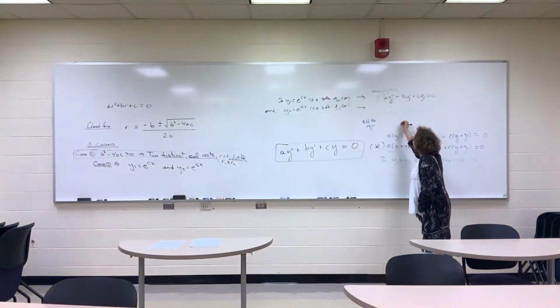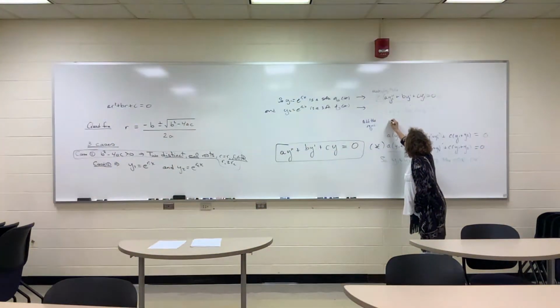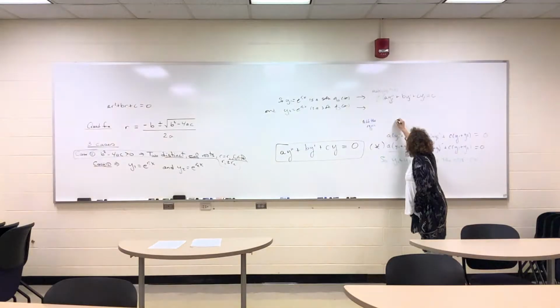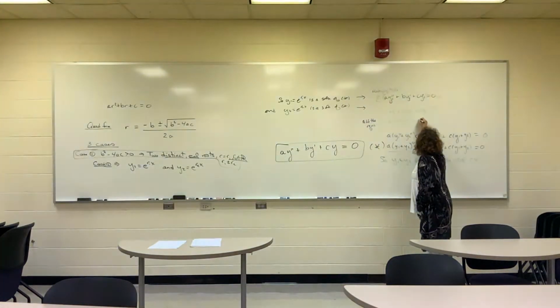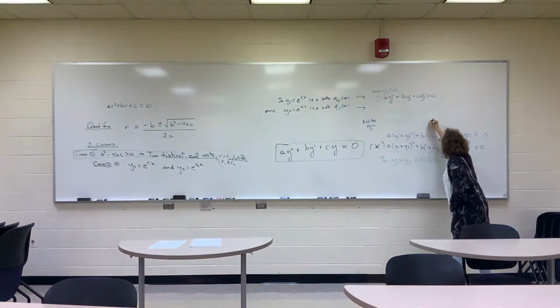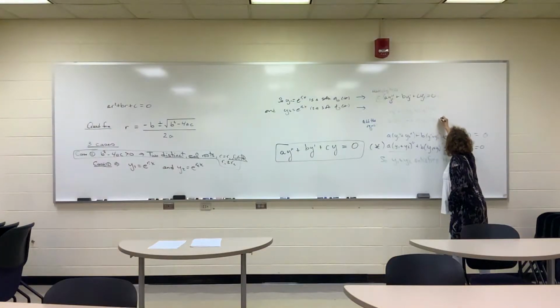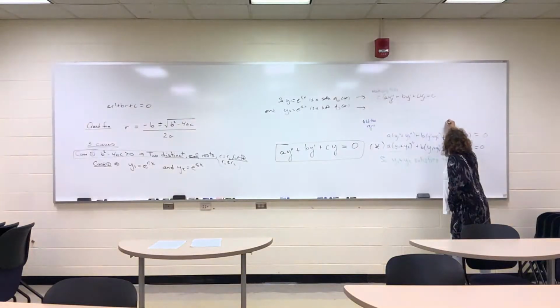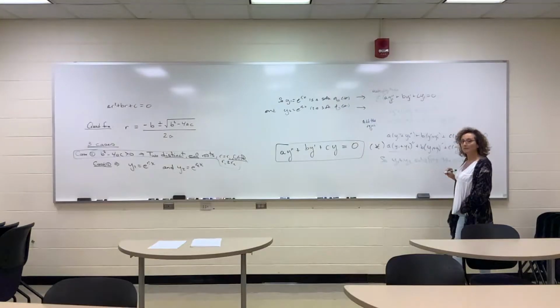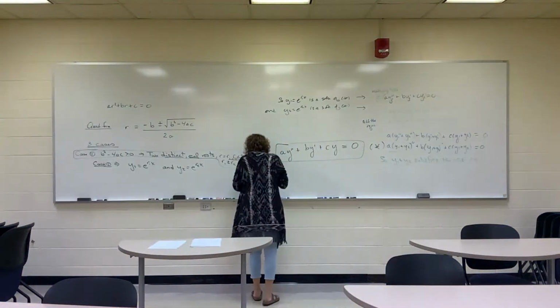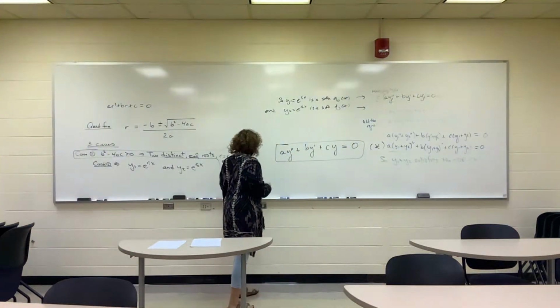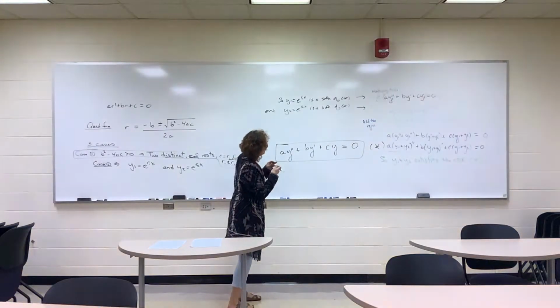But I could also write that as a times C1 times y1 double prime plus b times C1 times y1 prime plus c times C1 times y1 is equal to 0, right? Can you see the green? Maybe this green is better.